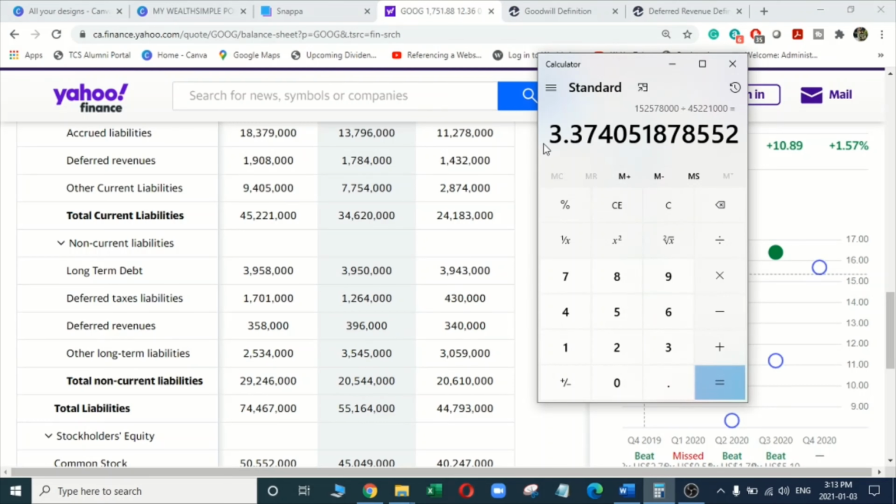See guys, in the case of Air Canada, it was coming out near about 0.9, which is less than 1. But in the case of Google, it is coming out to be 3.37.